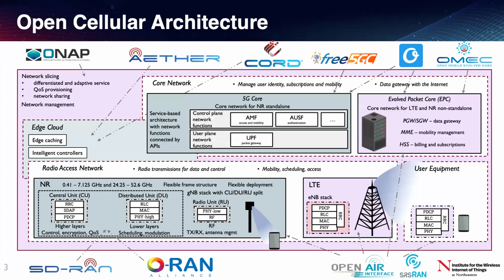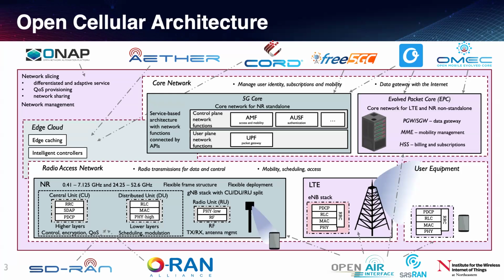So with this evolution, since we can instantiate multiple functionalities via software, many software projects have started to arise in the cellular ecosystem. For example, we have software like OpenAirInterface or srsRAN that allow users to instantiate base stations, both LTE and 5G, on this generic infrastructure and do experimentation or prototyping.